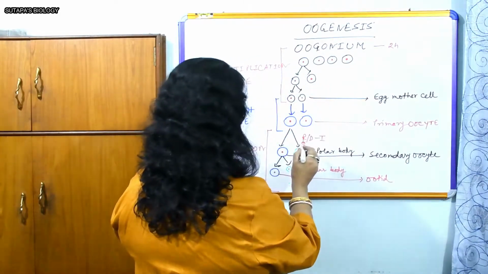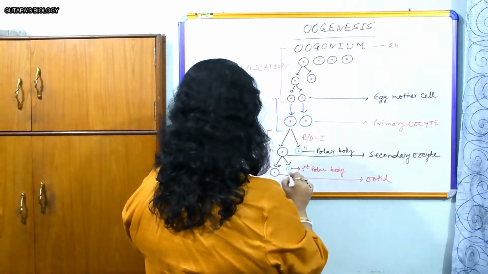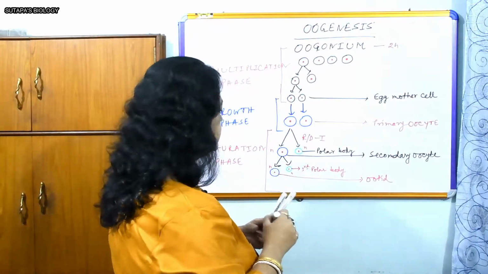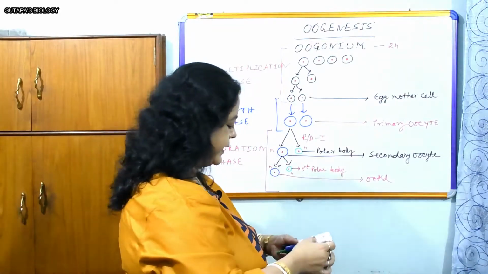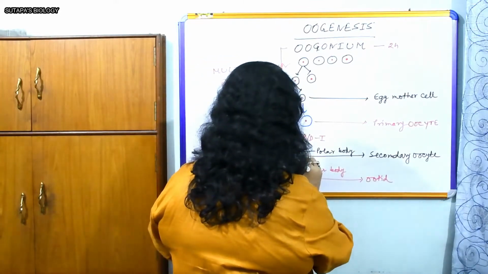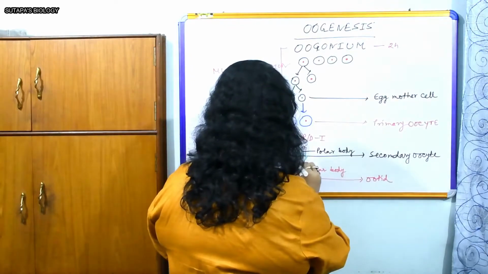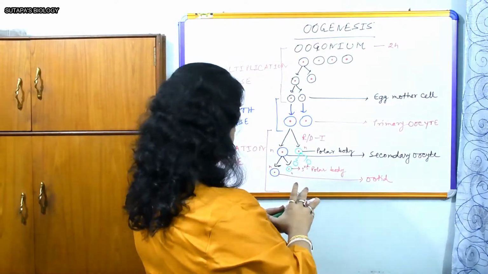These all are in. So after reduction division 1, these are in, all are in. Now, why it's third polar body? As the firstly formed polar body will again divide to form 2 polar bodies. It will also go to the reduction division 2, and it will form 2 polar bodies, which are first and second polar bodies.